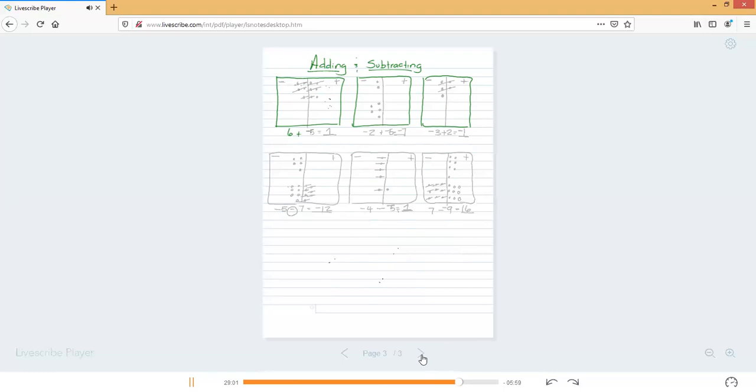Now, let's go to the next one. We have negative 2 as my minuend, so I'm going to make 2 dots. Then, thank goodness, we have a negative 5. That means they're all on the same side. So we have 1, 2, 3, 4, 5. This is addition.